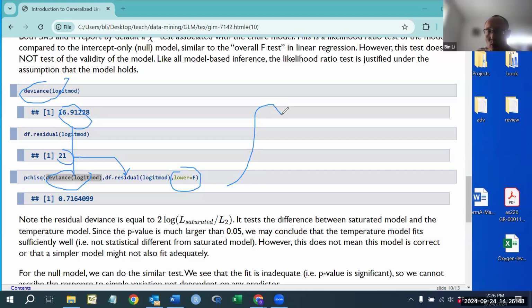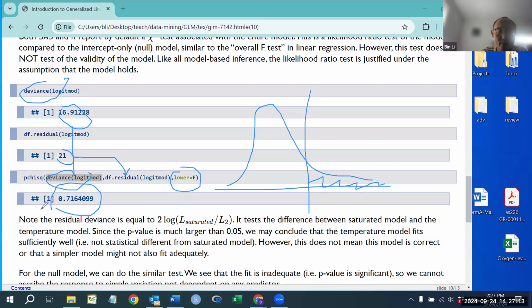That means when we have a chi-square distribution like that, we need to know the p-value which is on the right-hand side. So lower.tail FALSE means we don't want the probability on the left-hand side. We want the probability on the right-hand side. That's the p-value, okay? So you can see the p-value is 0.71.